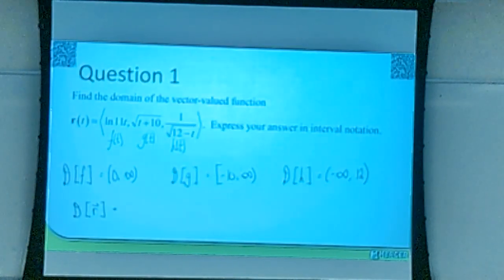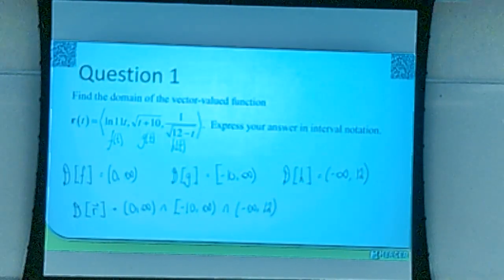The domain of r is their intersection. So I'll break it out. What's the definition of intersection of sets? Remember, intervals are sets. So we'll just do the simple one: A intersect B, just looking at two sets.